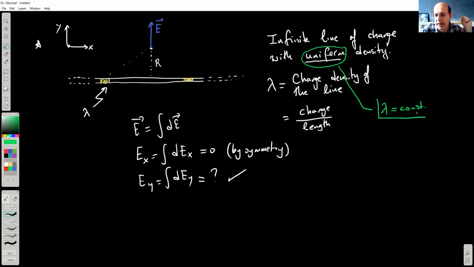The density has the same value everywhere. And a non-uniform charge distribution is a distribution where that lambda quantity, the density, changes from point to point. So we will also solve some problems with non-uniform charge distribution. Not in that chapter, but in the next chapter. Because we can solve these kinds of problems.